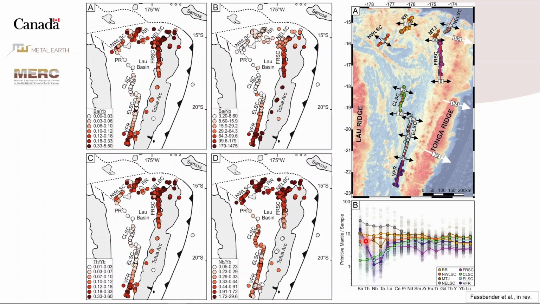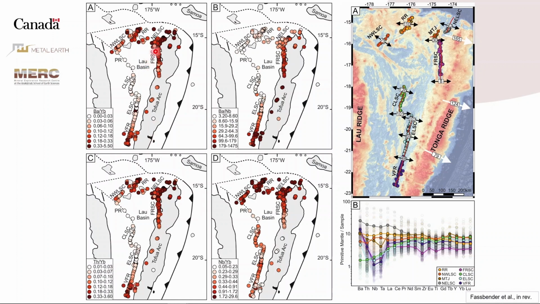And they work perfectly fine, actually. So in areas like down here at the Valu Fa and ELSC, we can see that barium over ytterbium, barium over niobium, and thorium over ytterbium show the same trend. All of them are actually decreasing with distance to the slab, which is exactly what we expected.